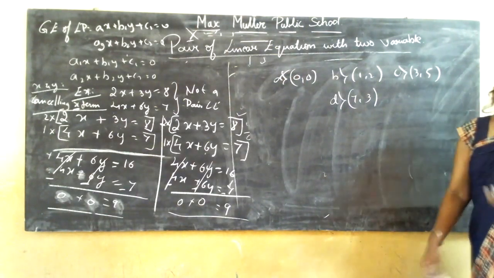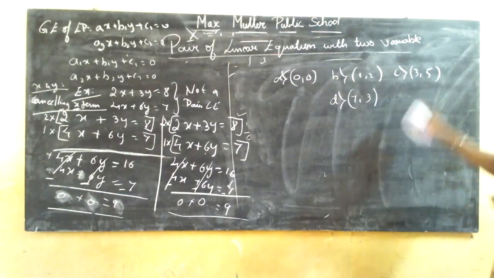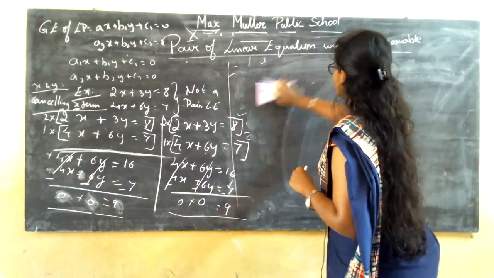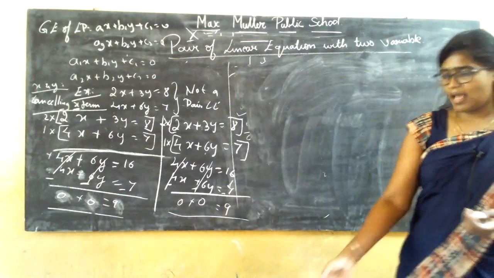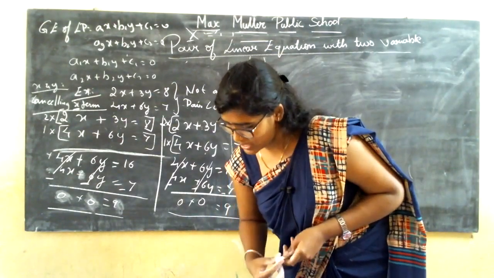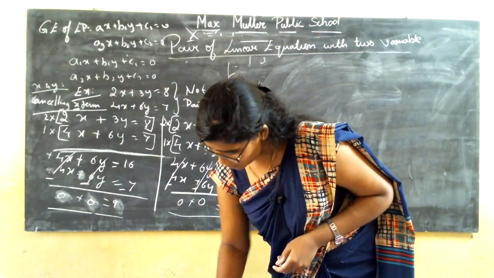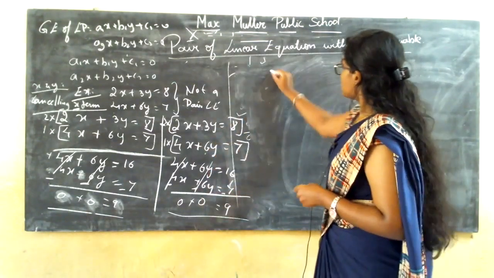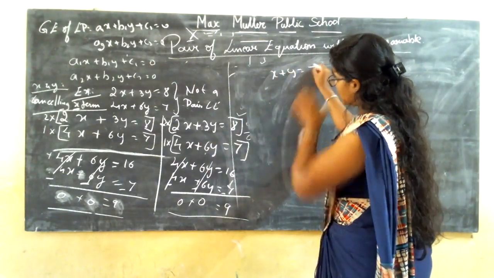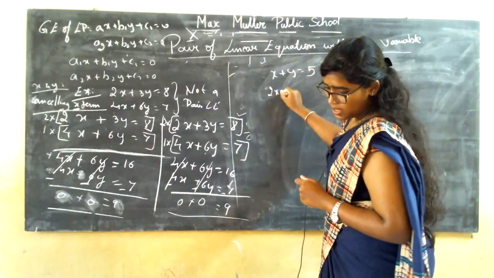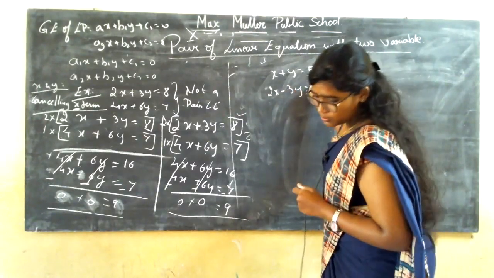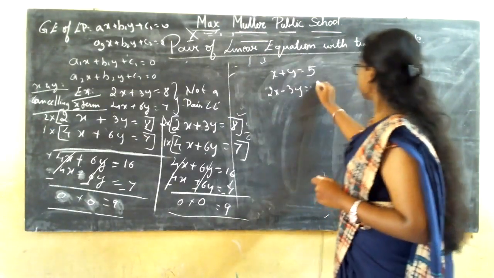If they are asking this type of question, clear? Since x and y both were 0, let me take another sum as an example and show you how to do it. So let me take it as x plus y is equal to 5, and the next term is 2x minus 3y is equal to 4.